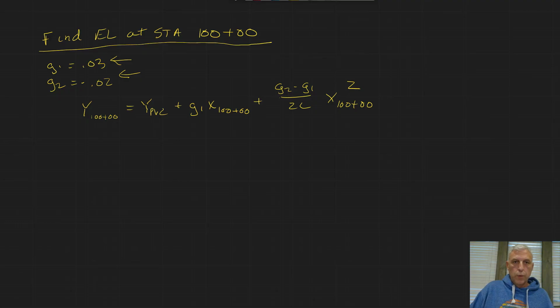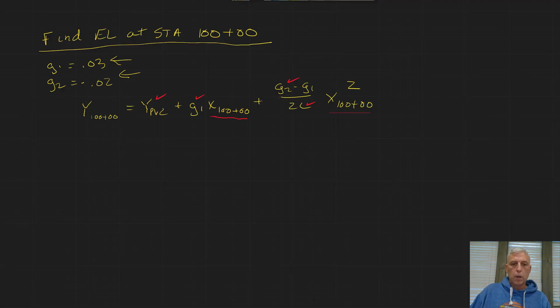So what do we have? We were given the Y of PVC, we were given G1, we were given G2, and we were given L. Okay, we have everything, except we need X to find our solution. So how do we find that?